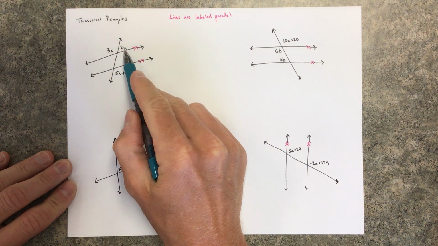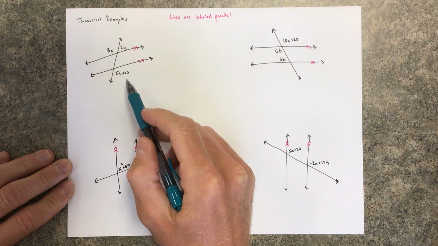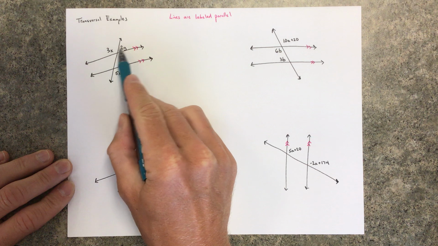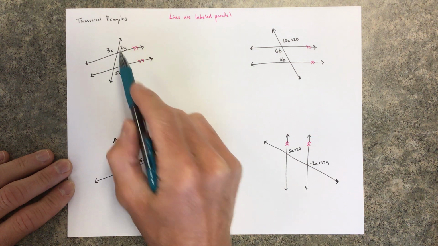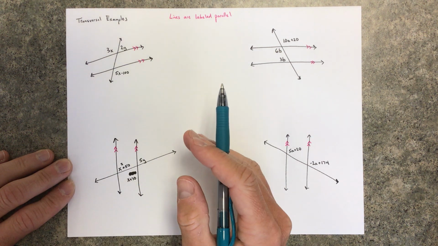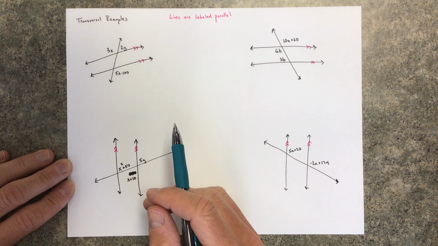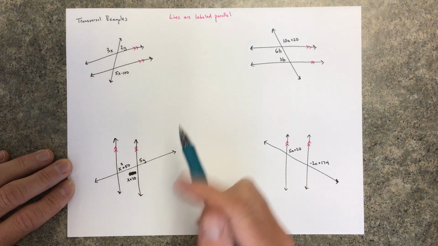So I have 3x, 2y, and then a 5x minus 100. How am I going to relate those two? Well, I know those are linear pairs, so I know that 3x plus 2y equals 180, but that's not really helpful yet because I want to solve for something, and that would be two variables and only one equation.